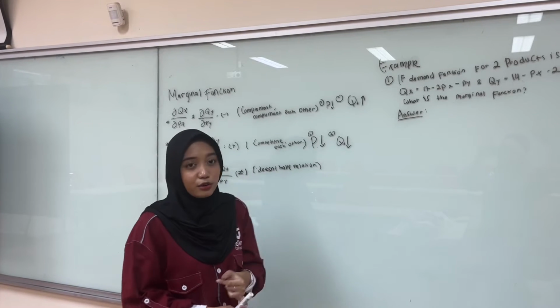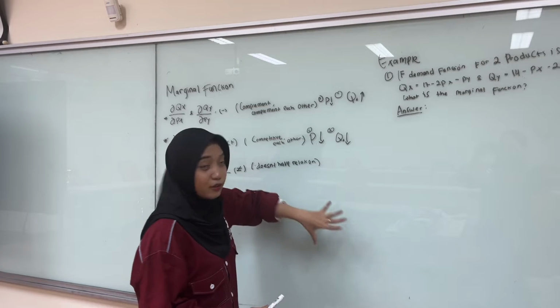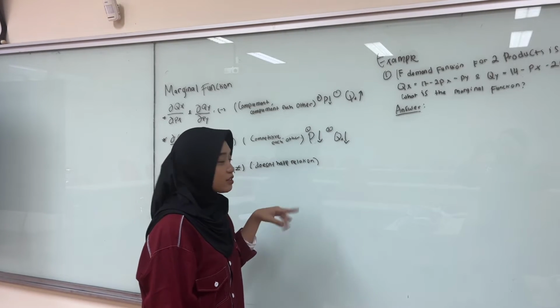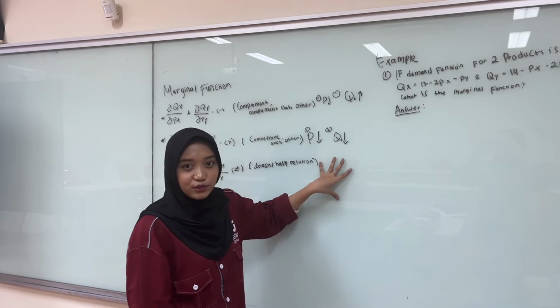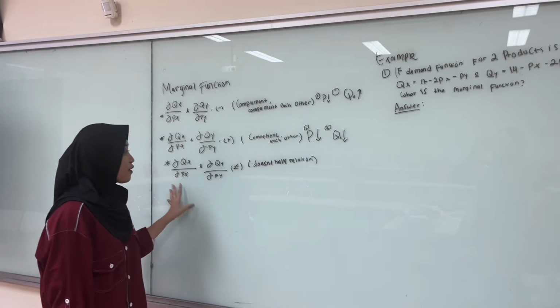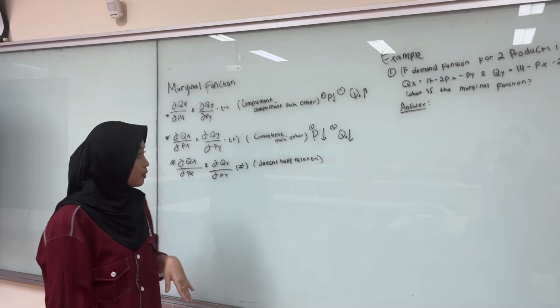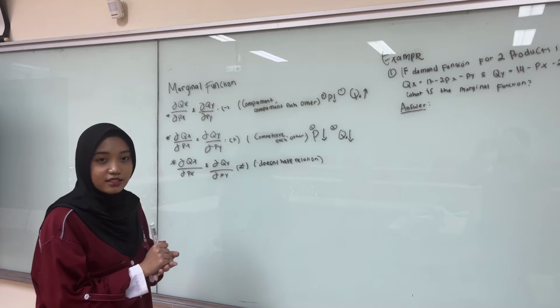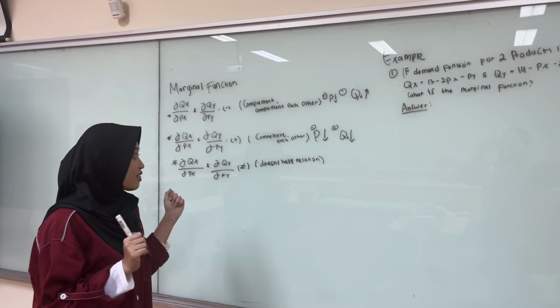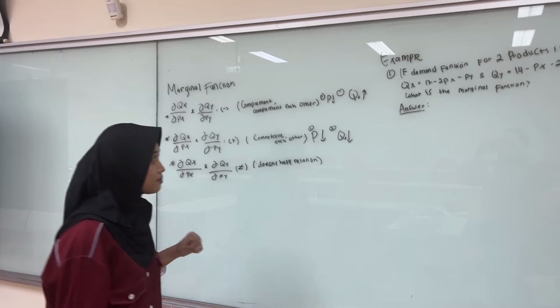So if one good's price decreases, the other good's quantity demanded decreases too. And lastly, if these two derivative functions are not equal, the characteristic is that they don't have any relation.